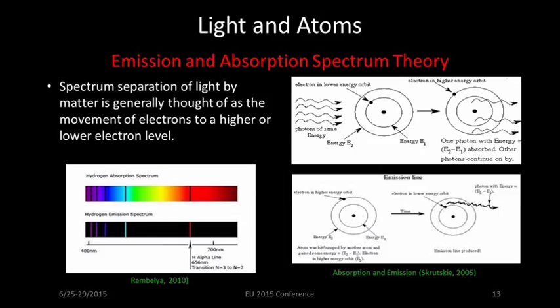In quantum theory, absorption and emission lines are thought to originate when a photon is somehow absorbed by an electron and is moved to a higher energy state, or when an electron somehow releases a photon and it is moved to a lower energy state.